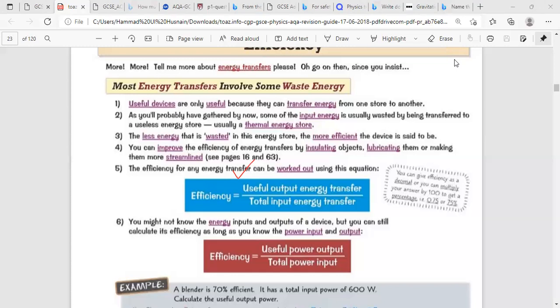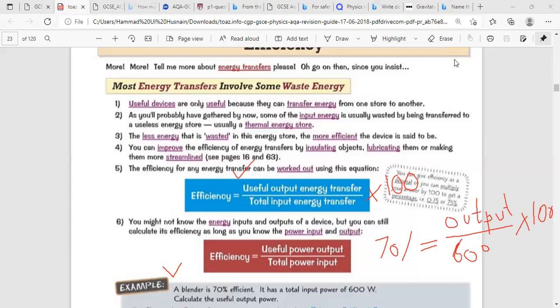I have told you that mostly efficiency is given in percentage, and in that case, we multiply by 100 in this formula. In this example, the efficiency is 70%, which is equal to the output we want to find, divided by 600, the input of this device, and we have this 100 in our formula because the efficiency is in percentage.